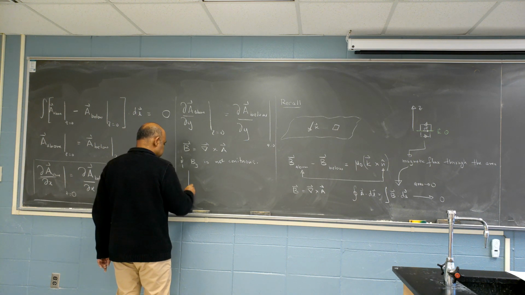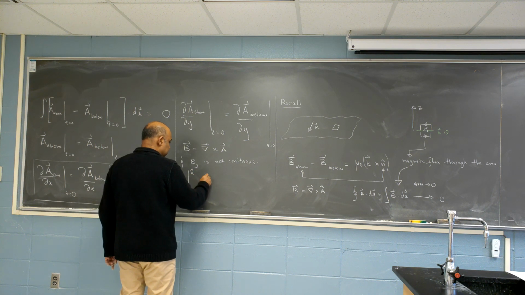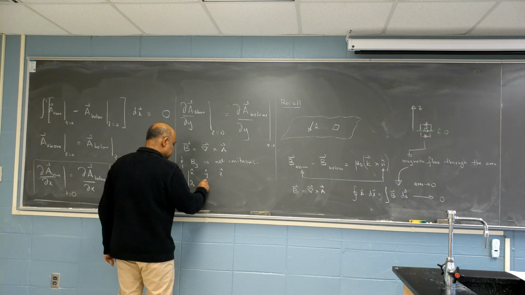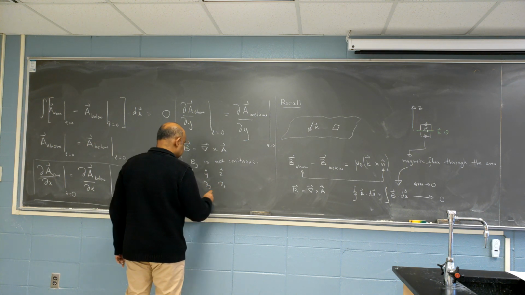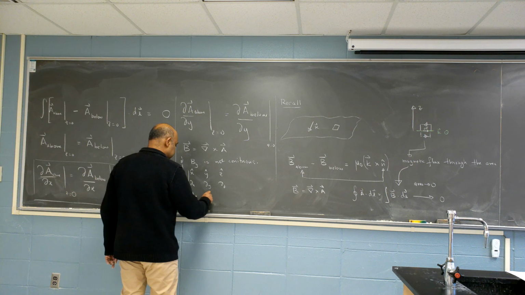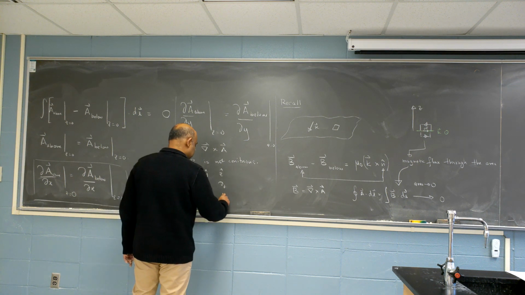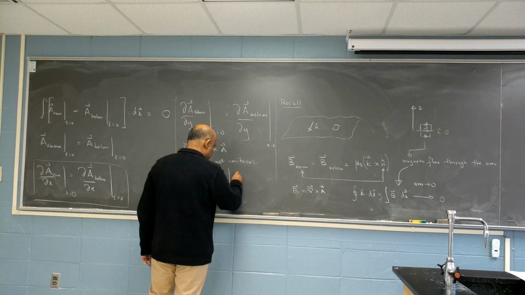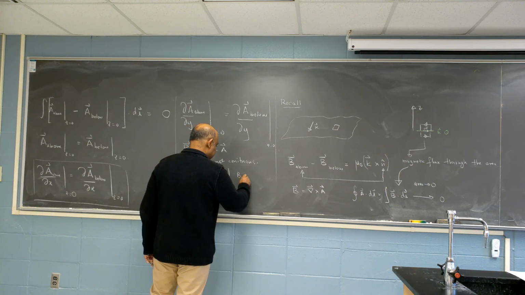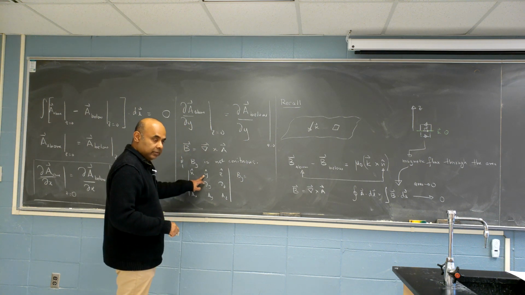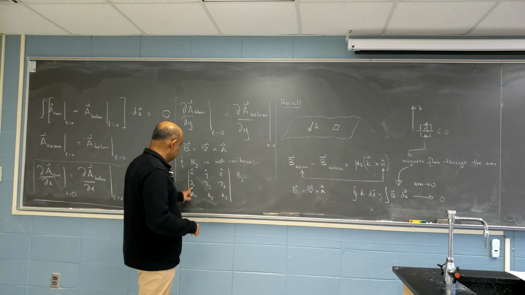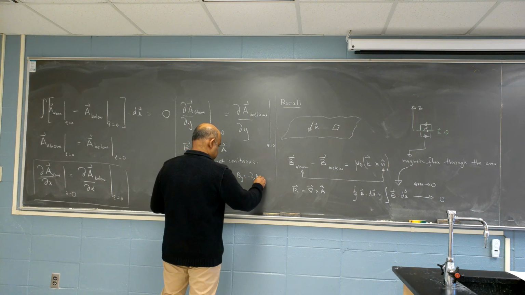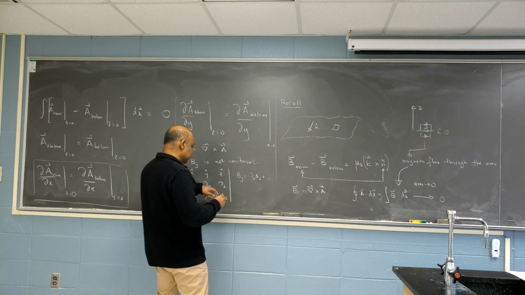So here's my del cross A. x hat, y hat, z hat, d/dx, d/dy, d/dz, Ax, Ay, Az. So By is the y component, which is what? Minus of minus, right?